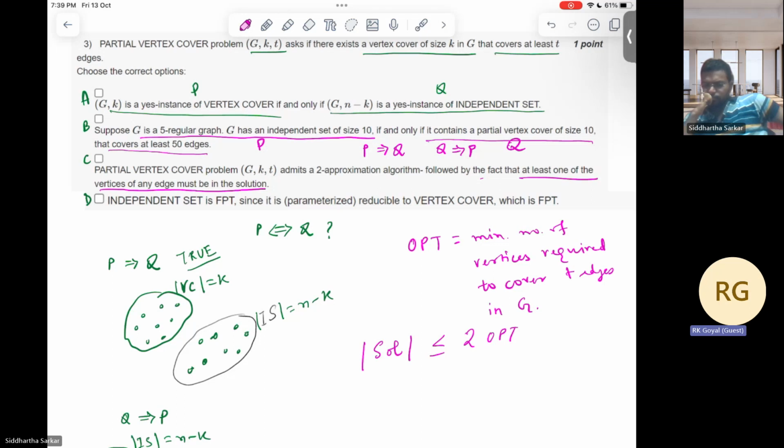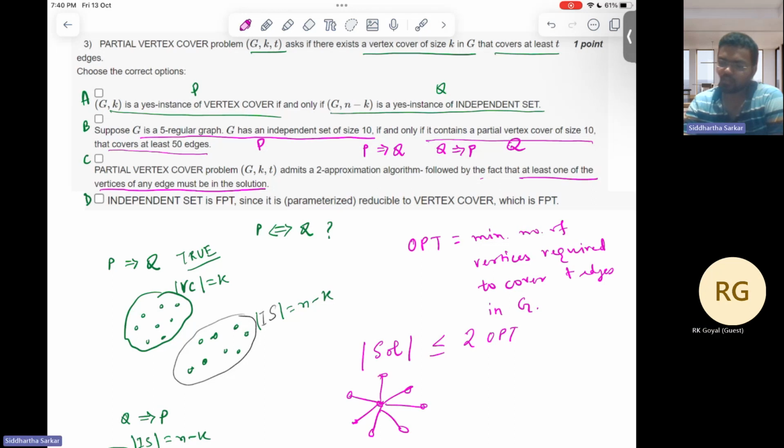But basically the question could be, can I include half of the edges only? No, no, you have to find vertices, not edges. So can I take, because now I have taken half of the vertices? No, so consider this graph, which is a star graph.